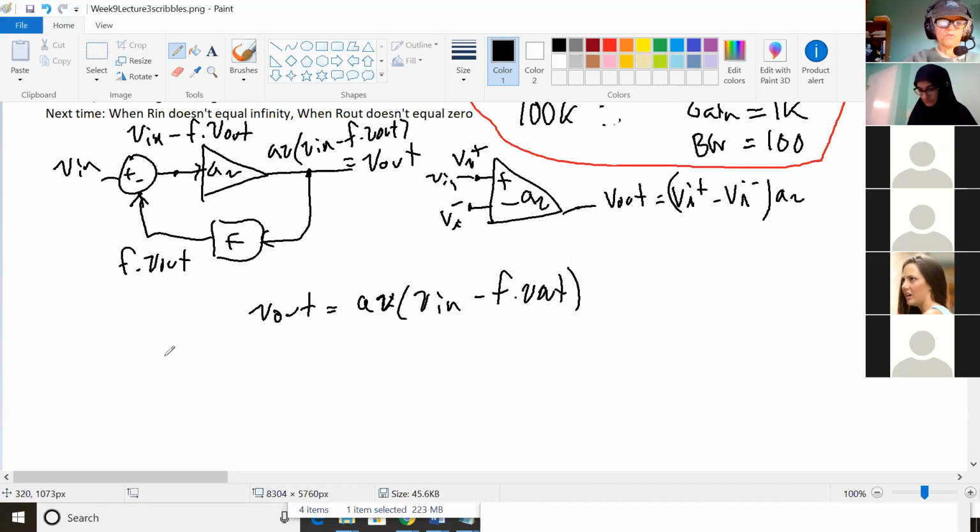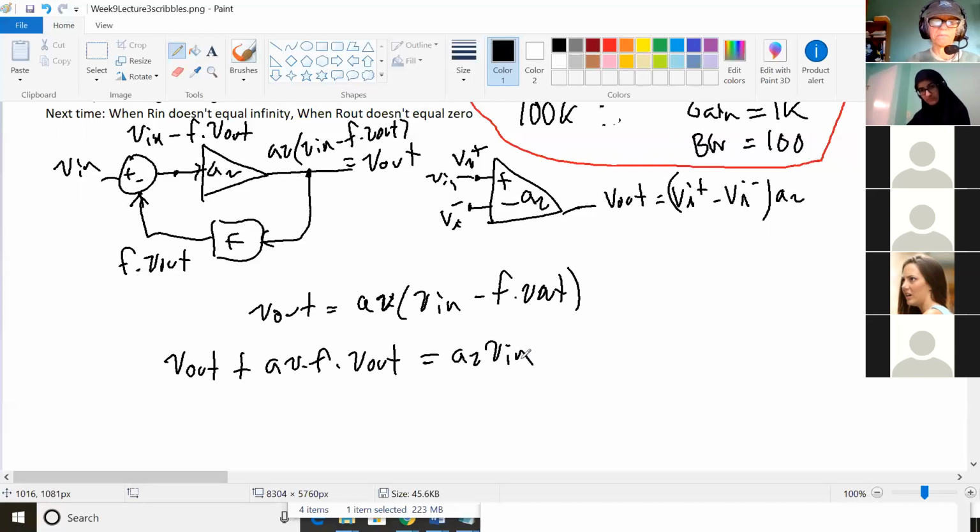If you move the V outs over to one side, you get V out, and this is a minus over here, so it turns positive, AV F V out. The only thing left on the right side is the V in term, so that's AV V in. And you can factor V out from here, which gives you (1 plus AVF) V out equals AV V in.